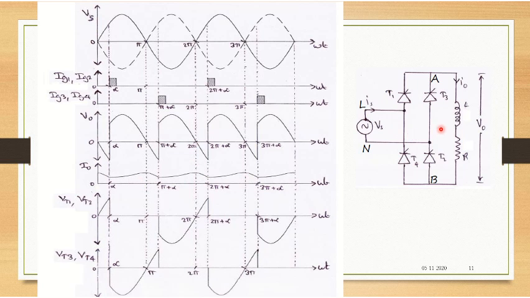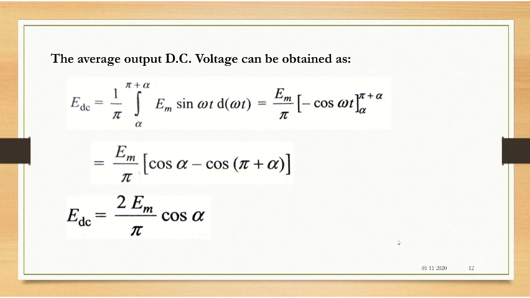Then we say that the power flow is from load to supply. Which means the converter is operating as an inverter, or it is operating in inverter mode. All these are important points that have to be followed and understood.